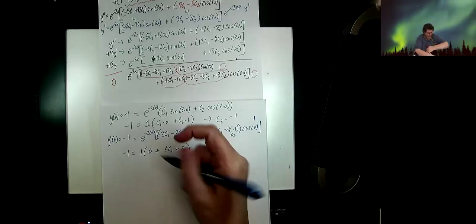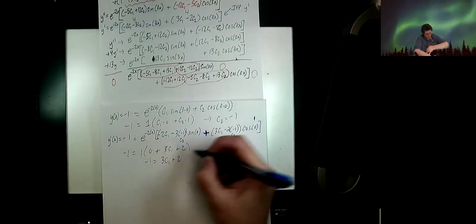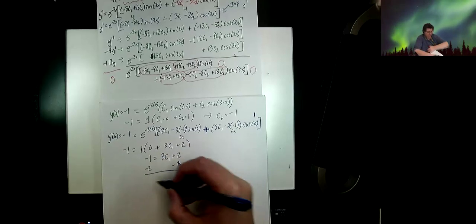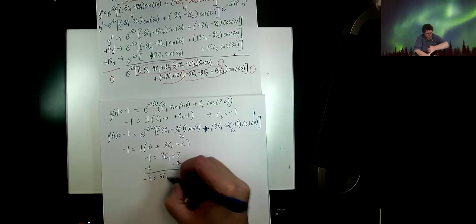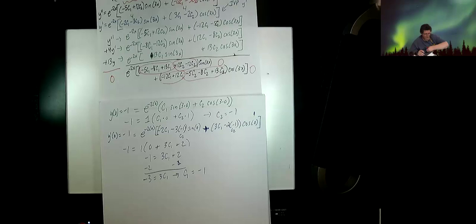So what do I have here? I've got -1 equals 3C1 plus 2. I'll subtract 2 from both sides. And look at this, C1 is -1 also.